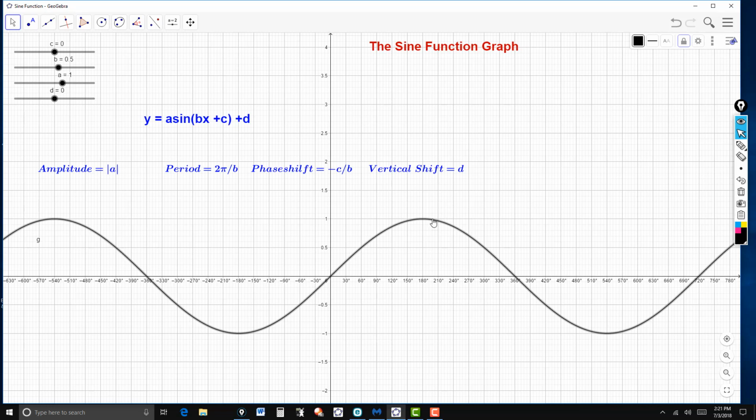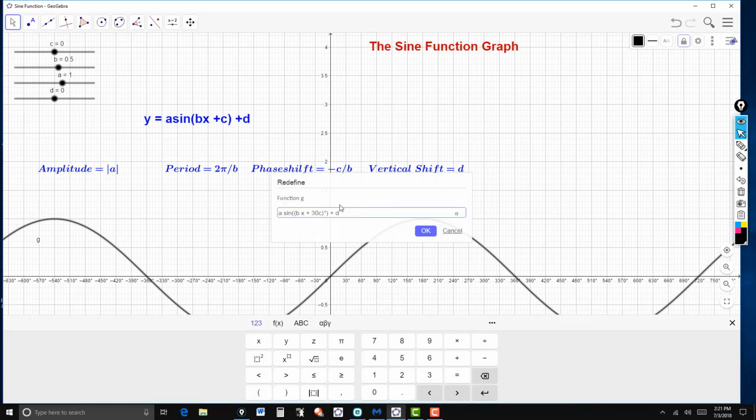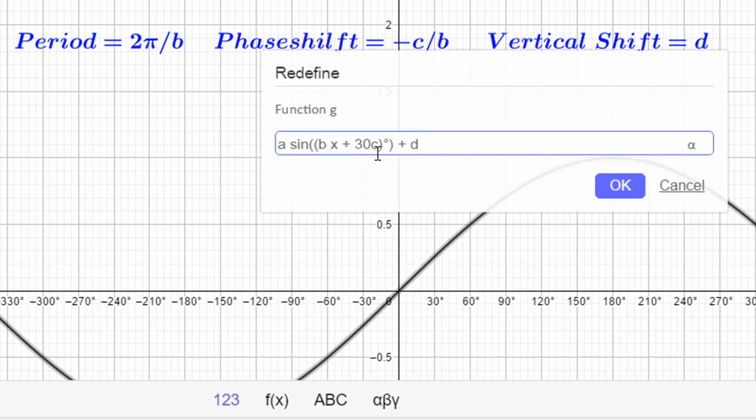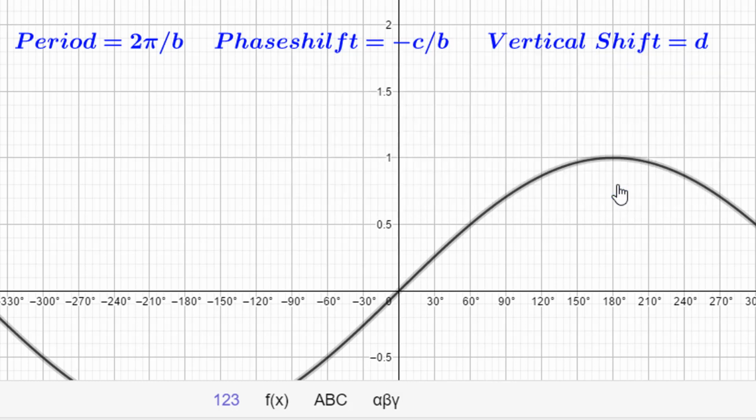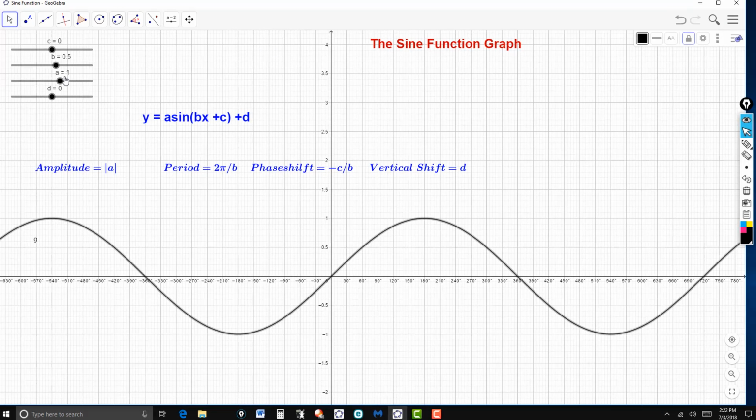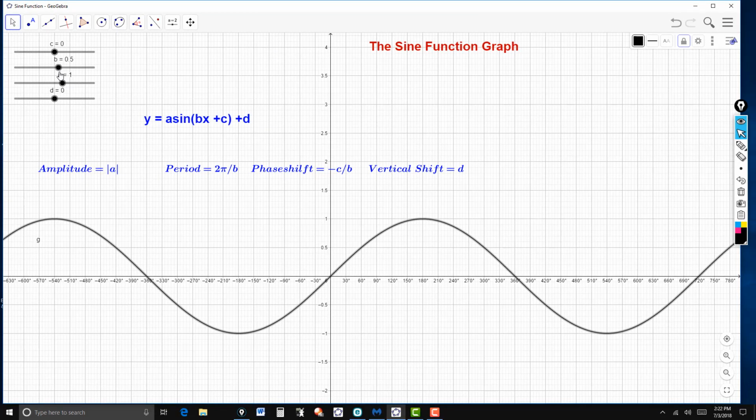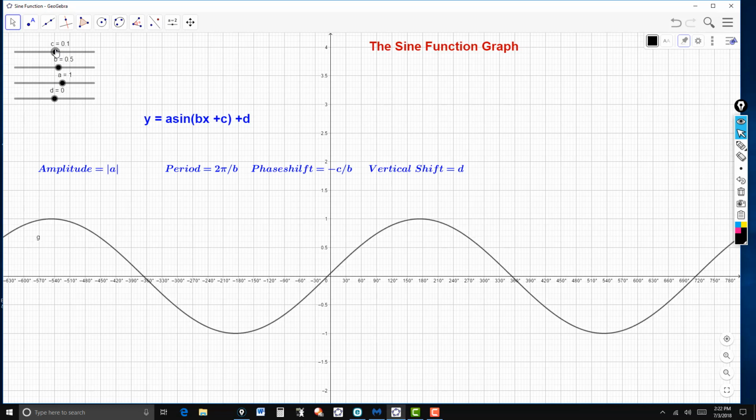Okay, so again, just to remind you, the way I defined this, just to make it easier on the graph here, the c is multiplied by 30, and this quantity is in degrees. So that's why, if I change this, let c equal 1.